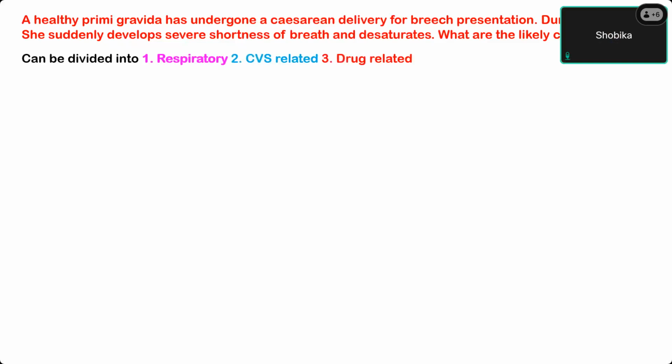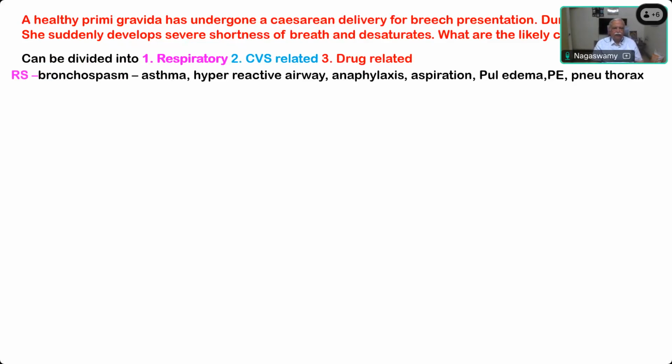It can be divided into respiratory, CVS related or drug related causes. So shortness of breath can be due to any of these things. Respiratory system: bronchospasm if the patient is a known asthmatic with hyperreactive airway, or anaphylaxis, aspiration, or pulmonary edema.